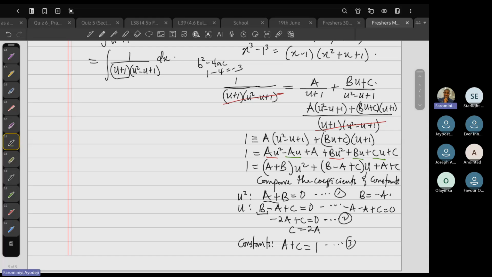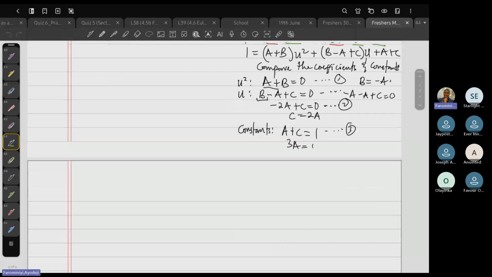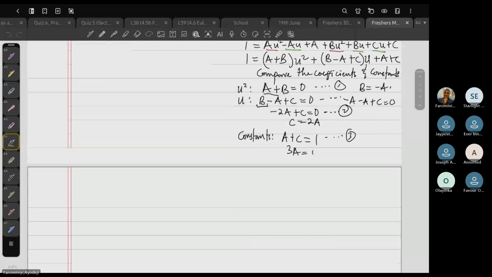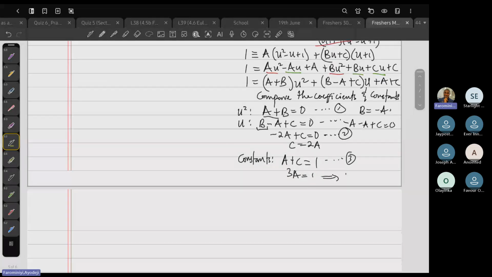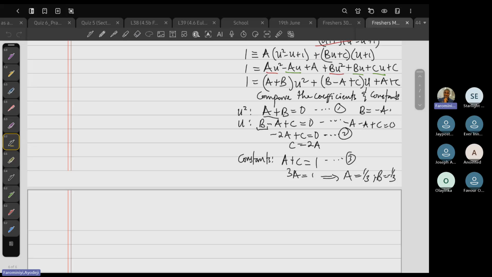So it means 3A equals 1, since C is 2A. That means A is equal to 1 over 3, and B is equal to negative 1 over 3, since B is negative A, and C is equal to 2 over 3, since C is 2A.